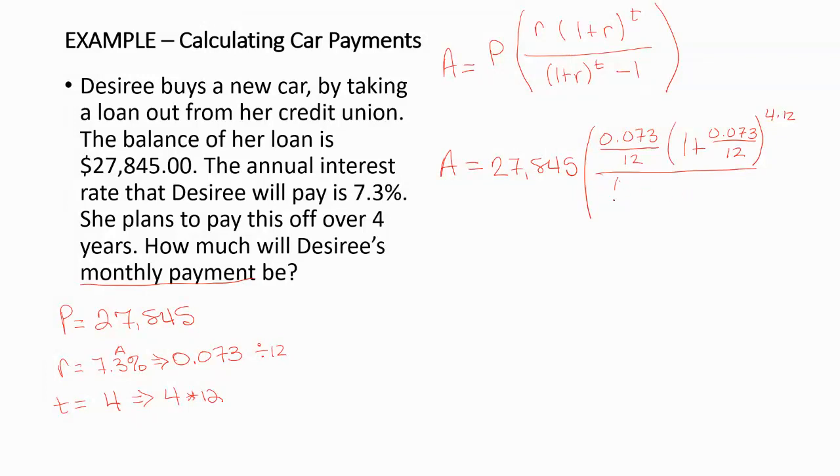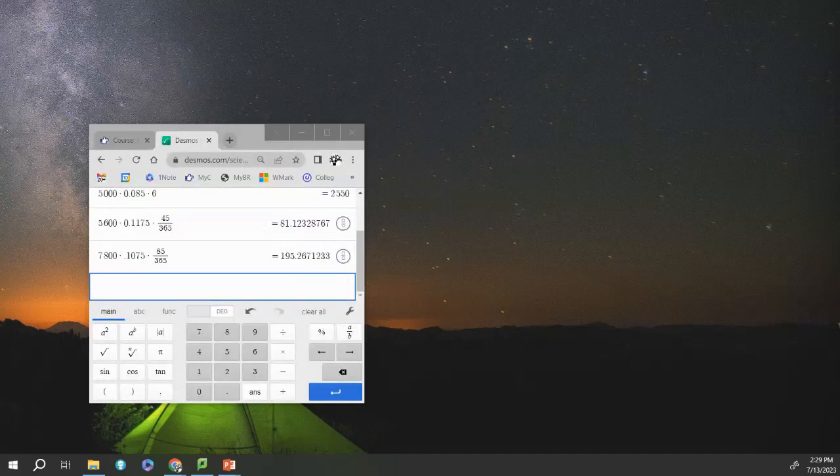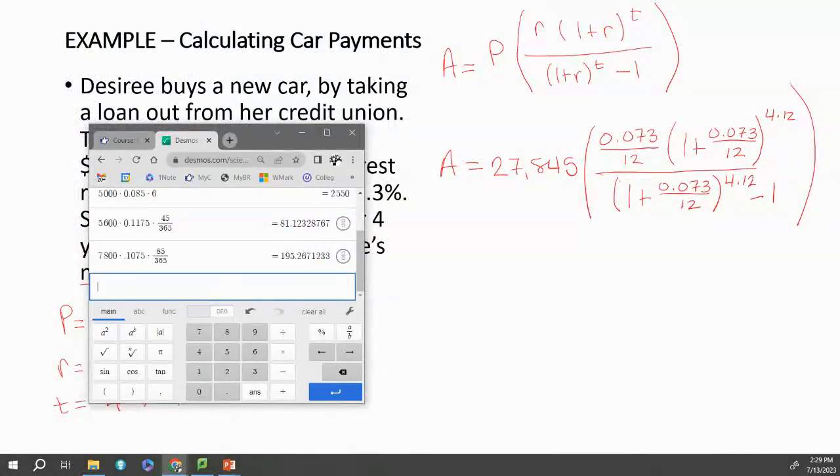And that is all over 1 plus the rate raised to the T times 12 minus 1. Okay, that looks big and scary. So let's go get our scientific calculator over here and plug everything in.